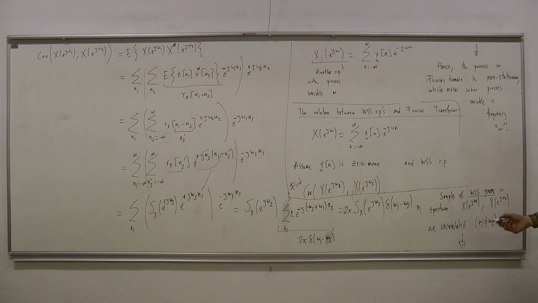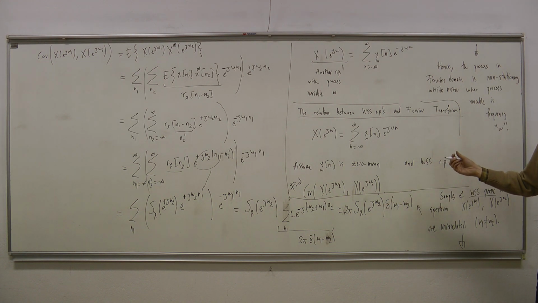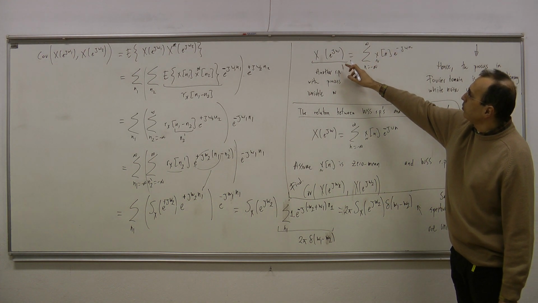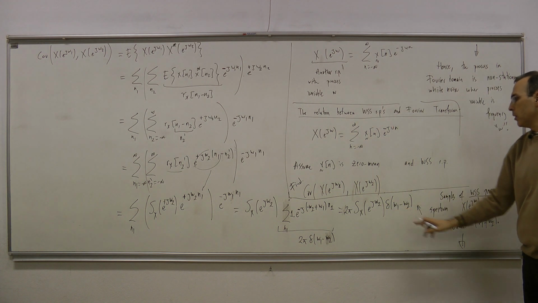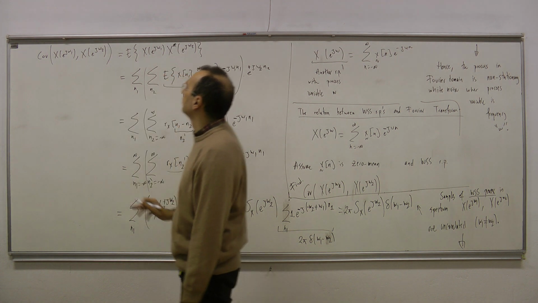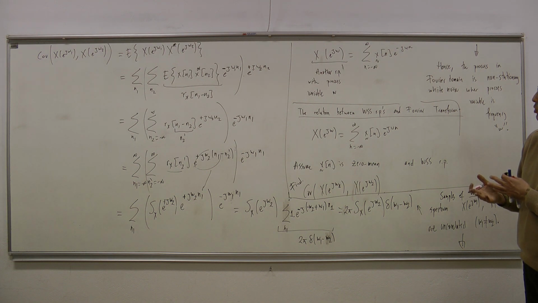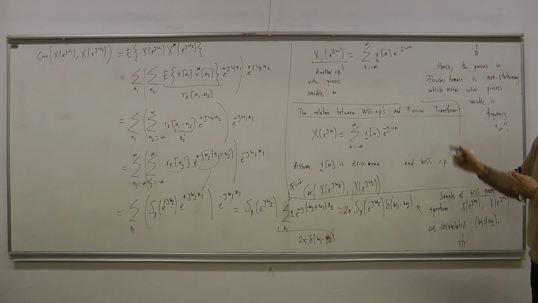And furthermore, what we see is if this is a Gaussian process, then when Fourier transformed, the samples of its Fourier spectrum, such as this one, are independent. Okay, so we get very strong results. By transforming a wide-sense stationary process to the Fourier domain, essentially I am decorrelating the process.